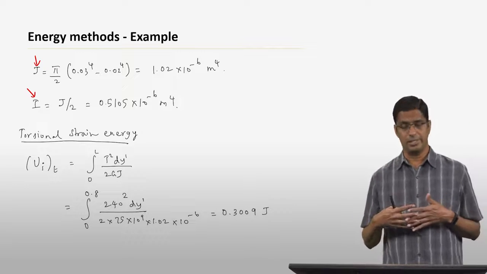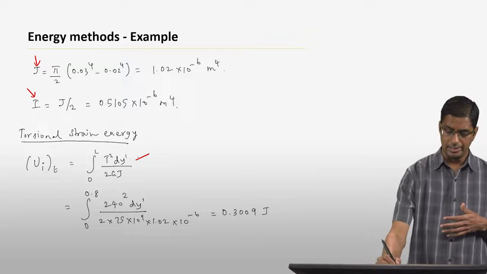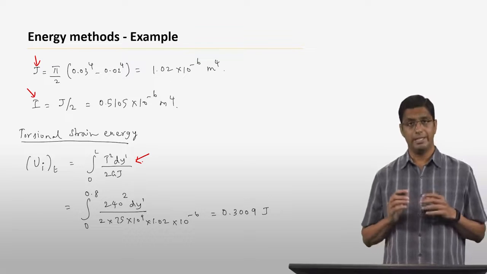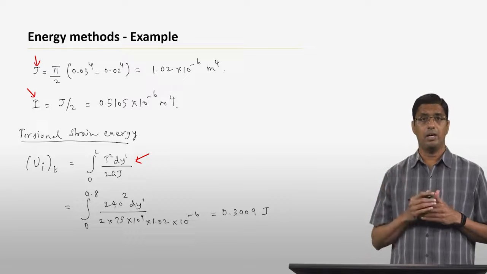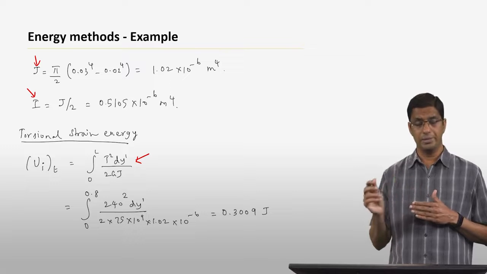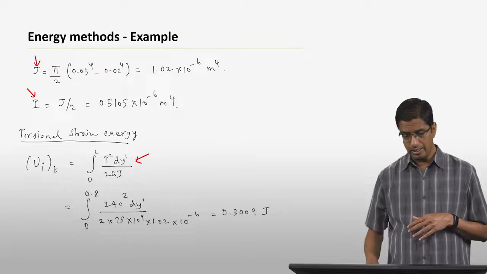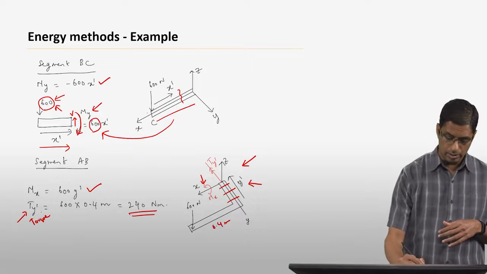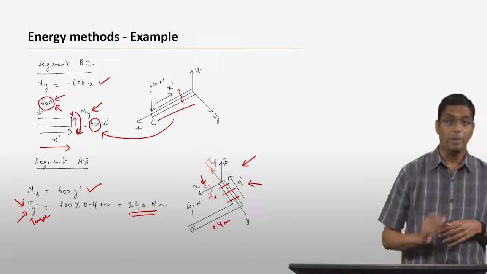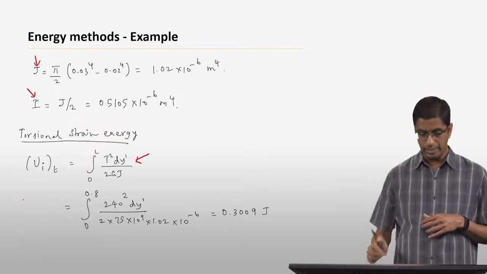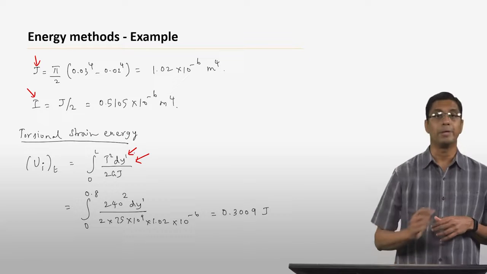So what is the torsional strain energy? The torsional strain energy is nothing but the integral over the length of T squared over 2GJ times whatever variable you are integrating over. So in this case, we are integrating over the y' axis. So that is why this variable is dy'.